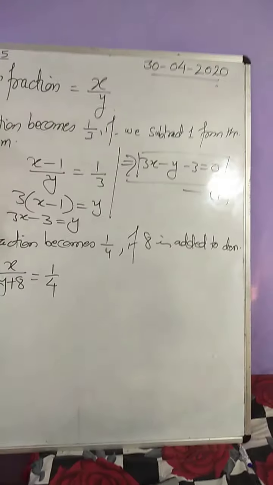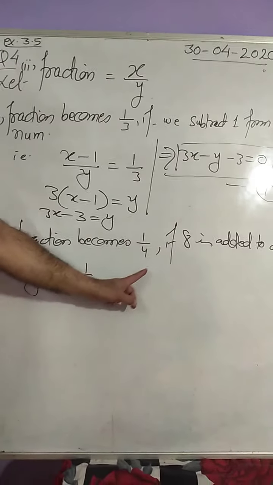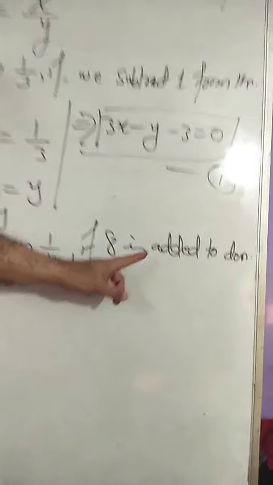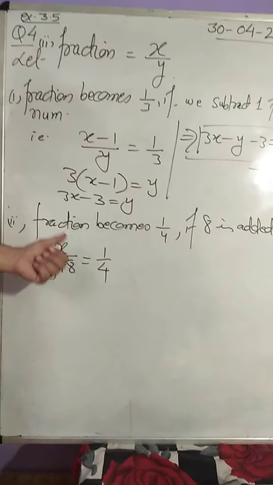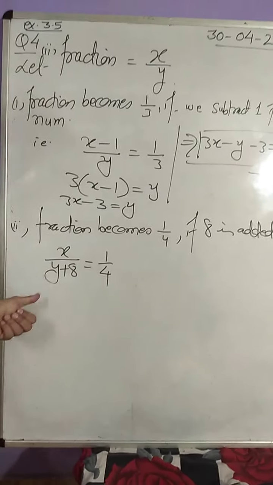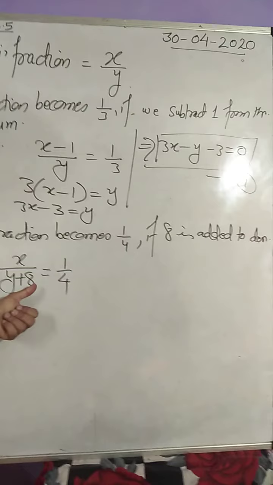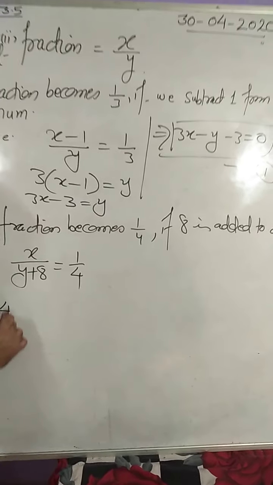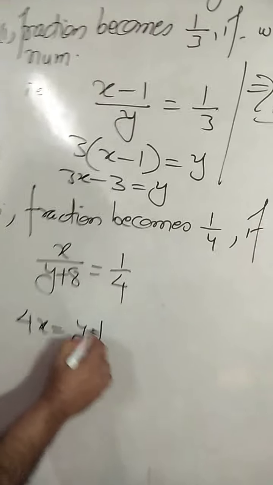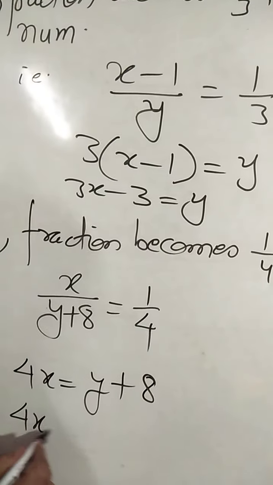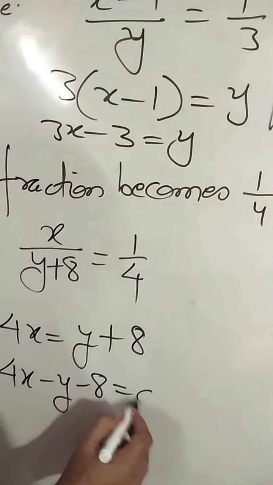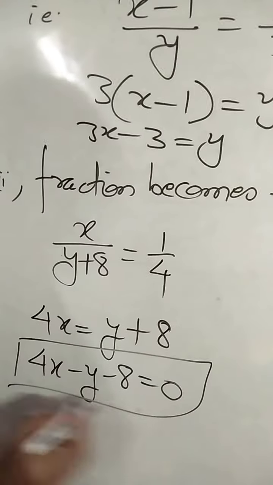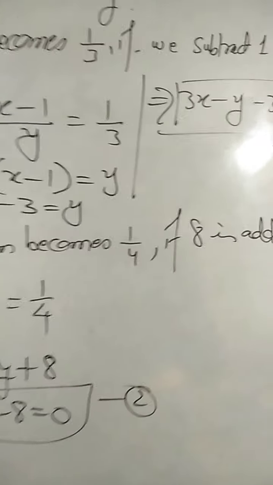Second case: the fraction becomes 1 over 4 if 8 is added to the denominator. The numerator remains the same, so it is now x over y plus 8 equals 1 over 4. In the same way, cross multiply and we will get the second equation.